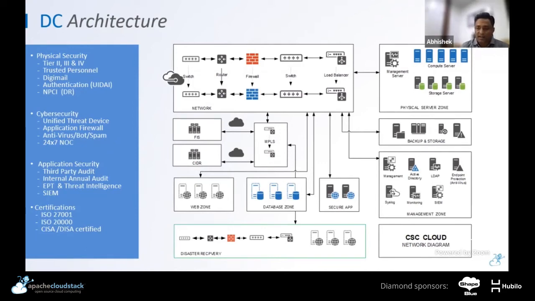And then we have the management zone where we run the LDAP, which is OpenLDAP, and then the Active Directory also for a lot of other Windows services. And then we have the endpoint protection for the antivirus. We have a monitoring stack there, which is on PRTG. Again, that is one of the other licenses that we have.